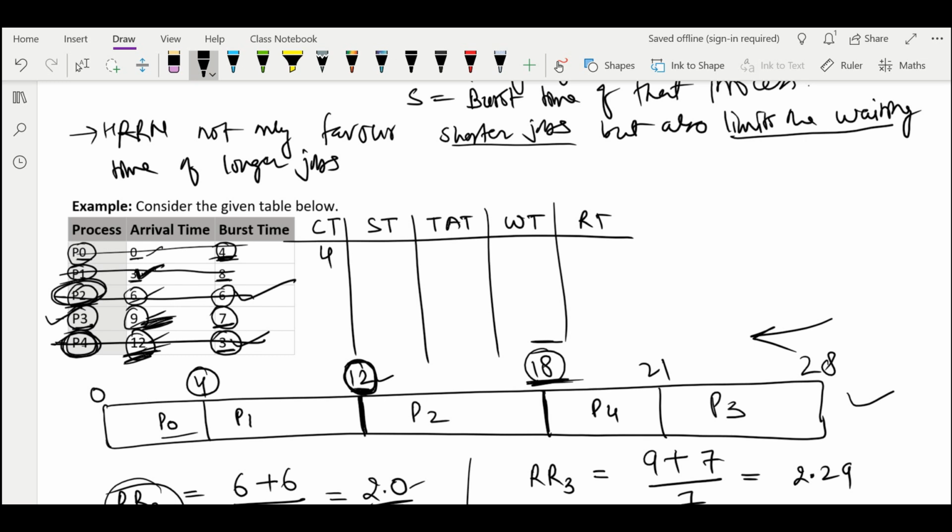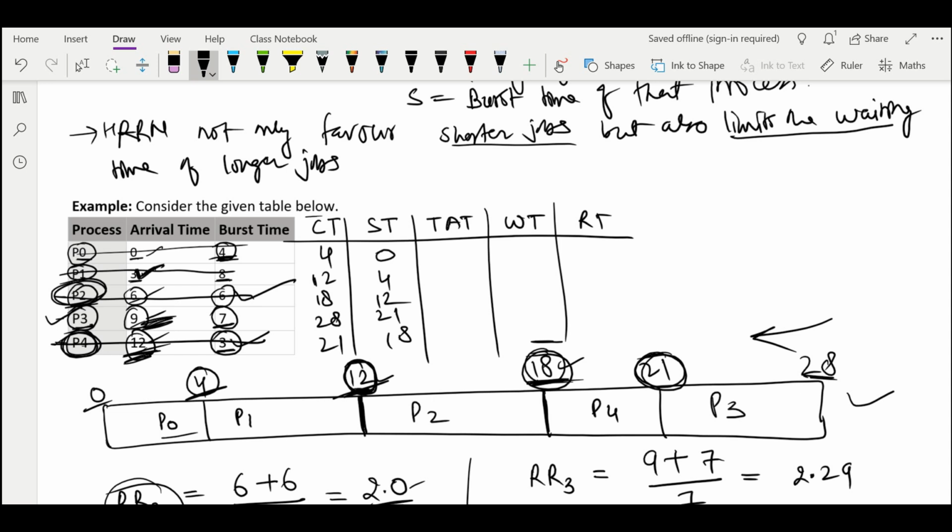P1 is completing at 12. P2 is completing at 18. P3 at 28 and P4 at 21. Starting time 0, 4, 12, P3 21 and P4 18.